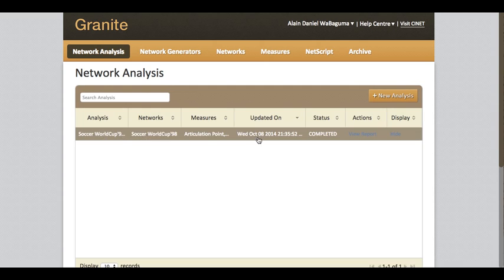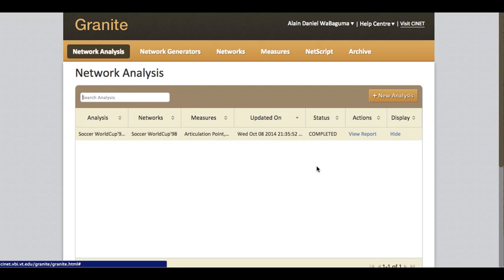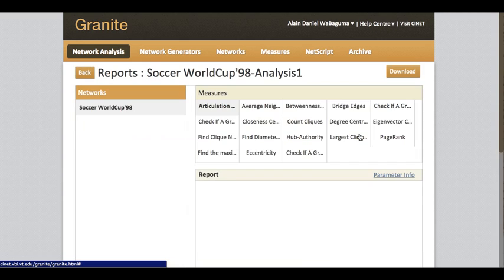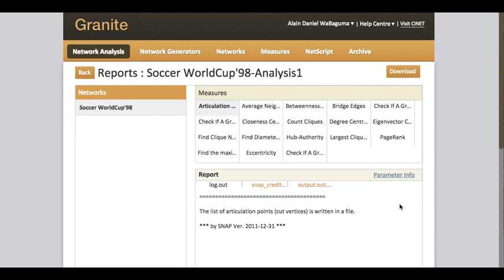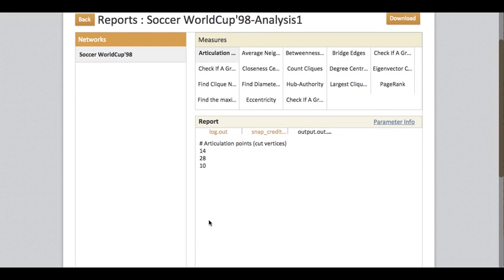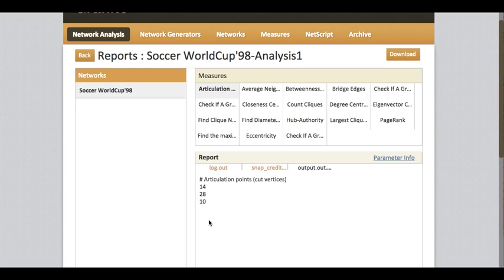So the computer runs this and pretty much brings me the report of all this. And I guess I do view report, and we will start with articulation. The output file says I have vertices 14, 28, and 10.